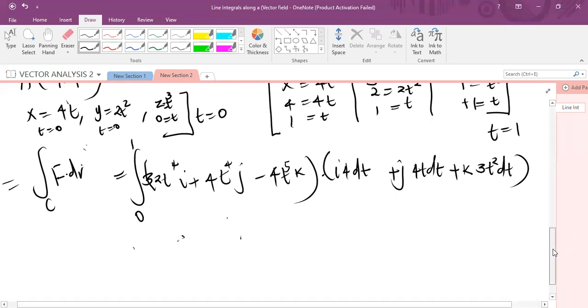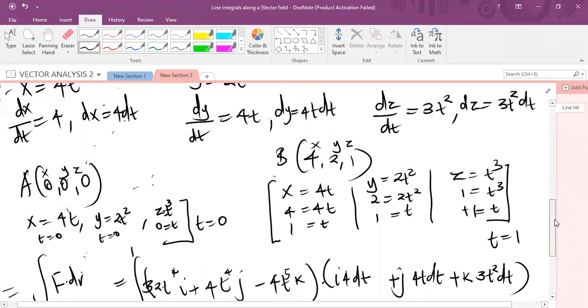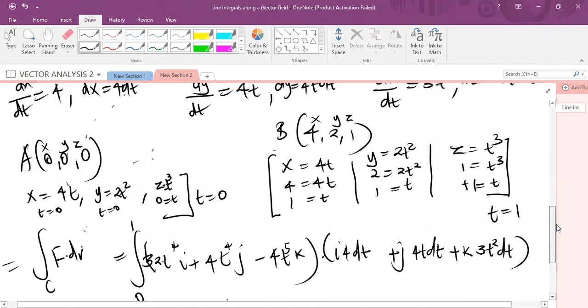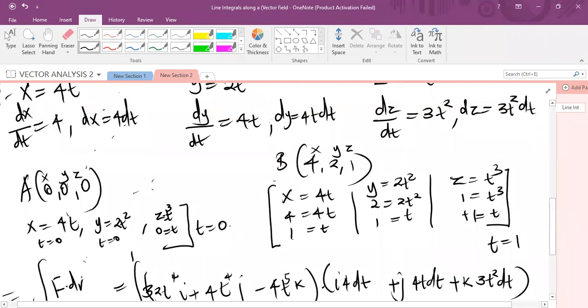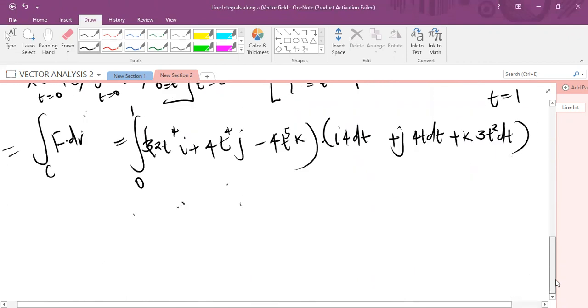Okay, fine. So we just check our i, dx is 4 dt, dy is 4t dt. So these are the values here, dx, dy, dz. Okay, now having all that, so we've already written everything with respect to the new variable. So we just multiply and then go on to integrate.